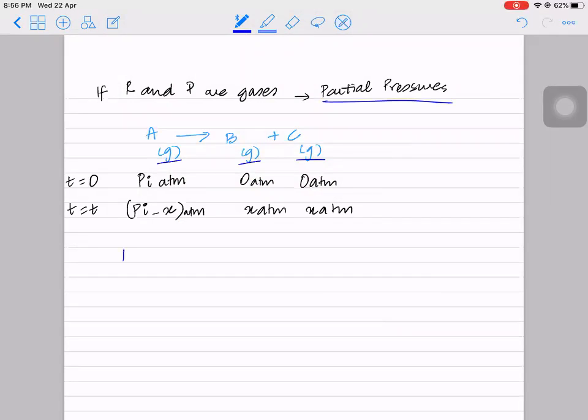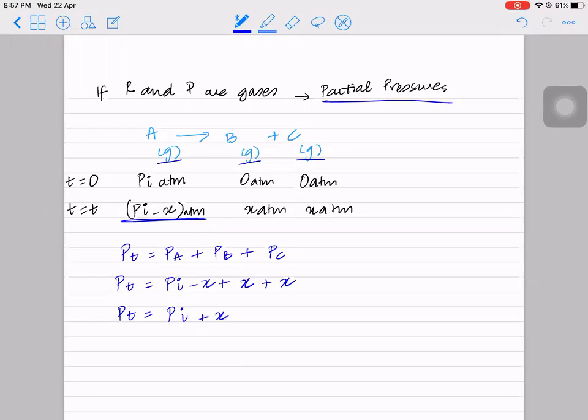Now you know that the total pressure will be equal to partial pressure of A plus partial pressure of B plus partial pressure of C. So the partial pressure of A is initial minus X, partial pressure of B is plus X, and C is plus X. So total pressure would be Pi minus X plus 2X, so it will be Pi plus X. And I can make X the subject, so it will be total pressure minus the initial pressure of A is equal to X, because over here I'm only concerned with A.